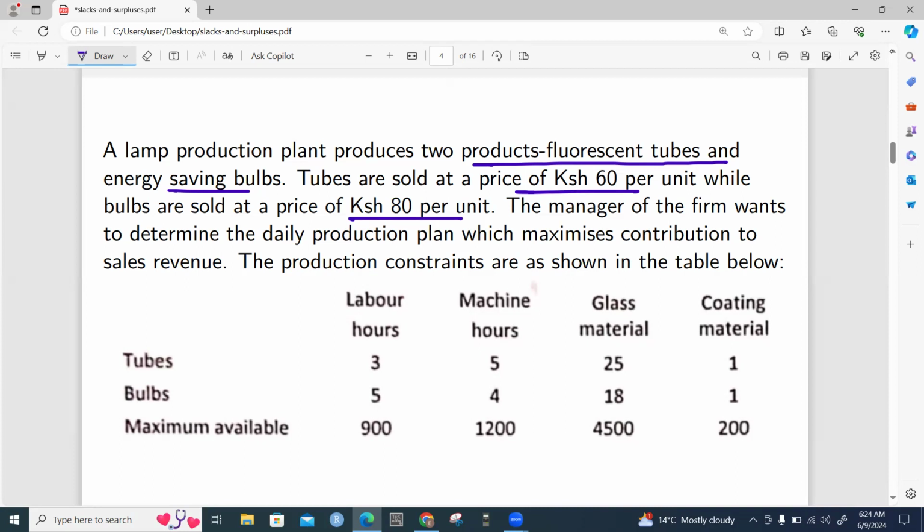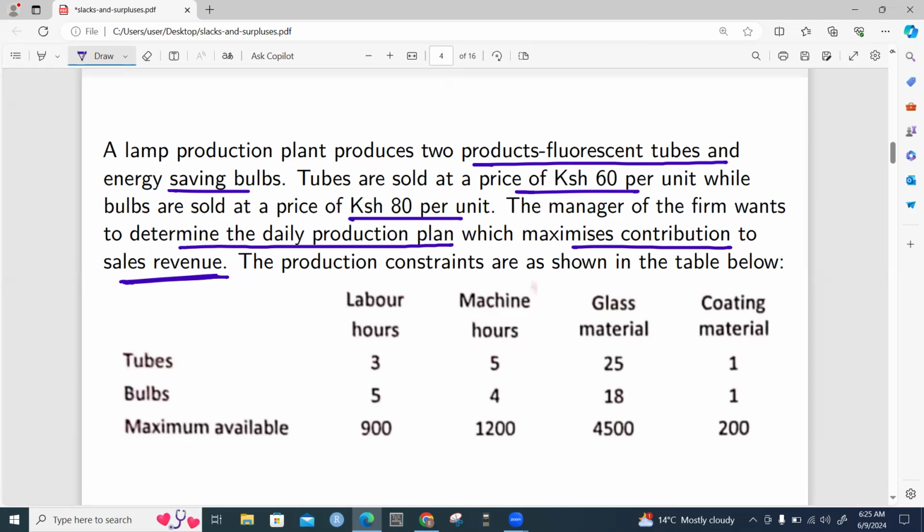And so the manager of the plant wants to determine the daily production plan that will maximize the contribution to sales revenue.